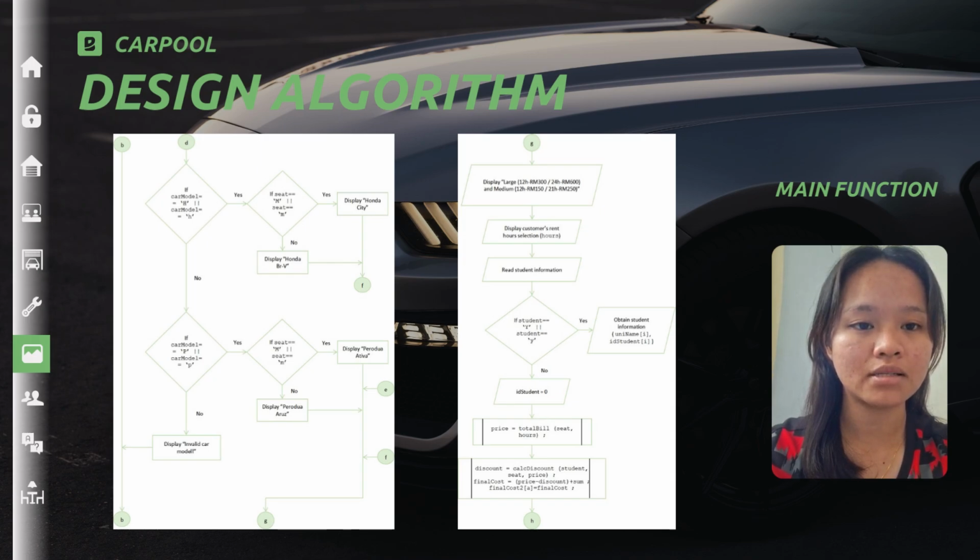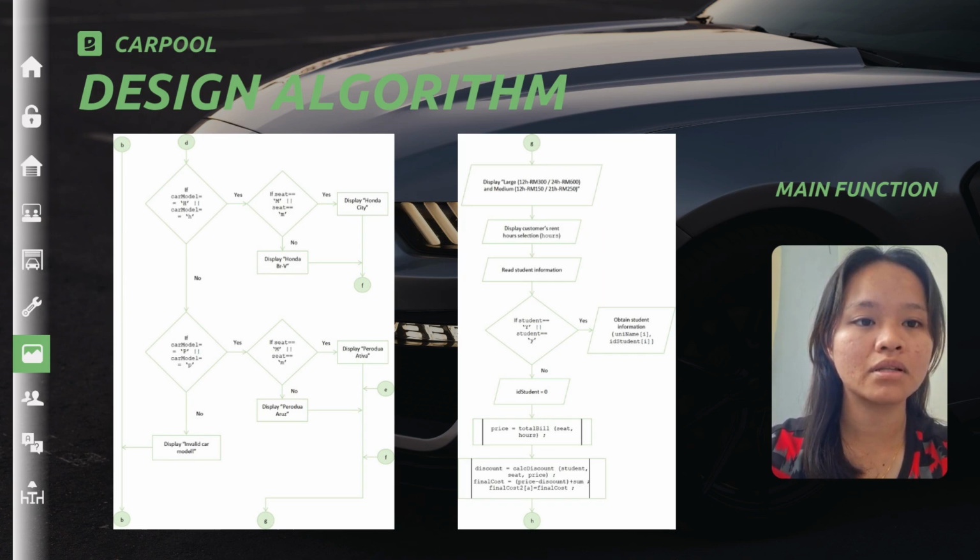Display rental rates. The system will display available rental rates. L for large, which is 12 hours for 300 ringgit, 24 hours for 600 ringgit. For M medium, 12 hours for 150 ringgit, 24 hours for 250 ringgit.